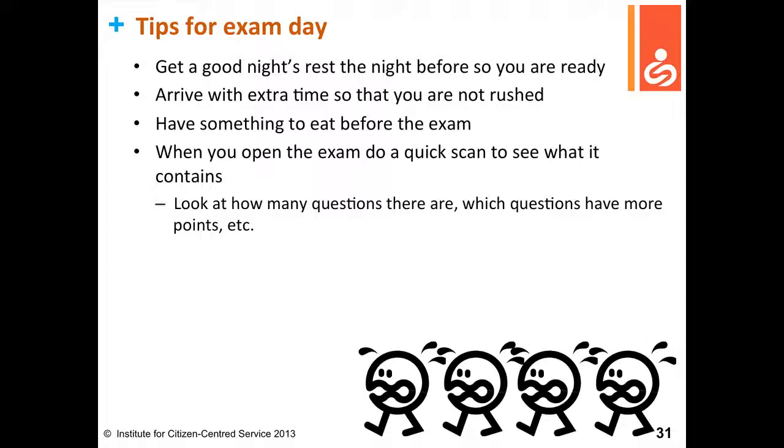What you'll find inside the exam is, for the open-ended questions, there are actually lines for you to write your answer down on. The back of every page of the exam is blank. That blank page is there so that if your answer is longer than the exam creators thought you would need, you have extra space.